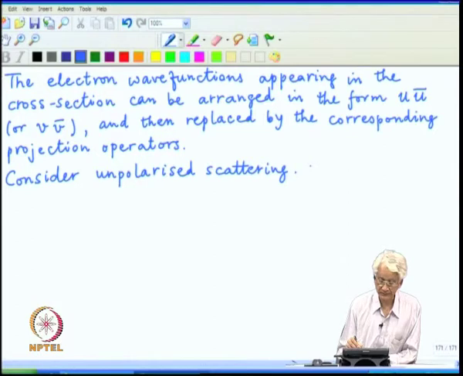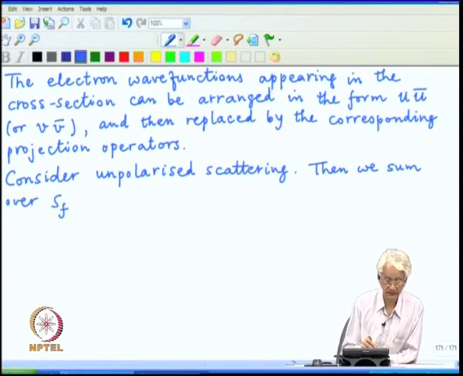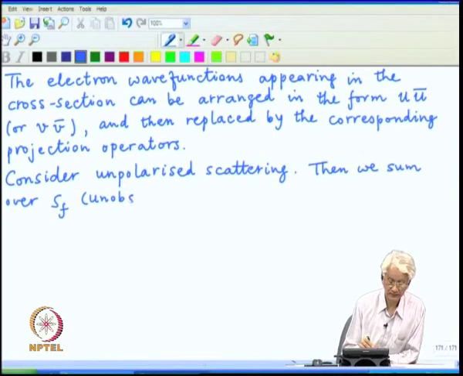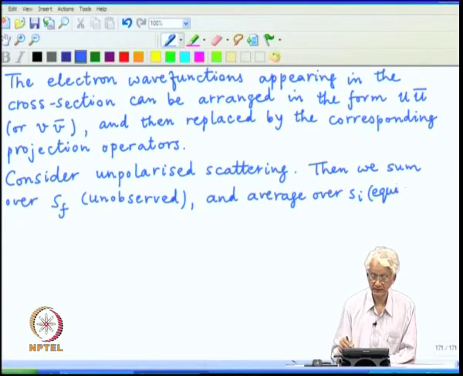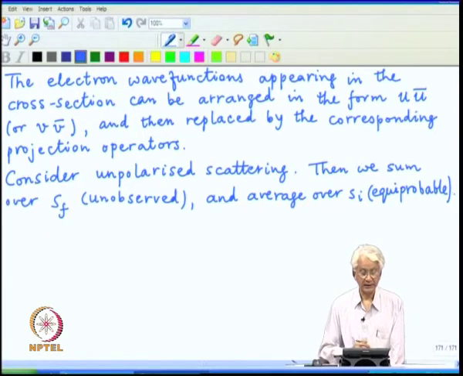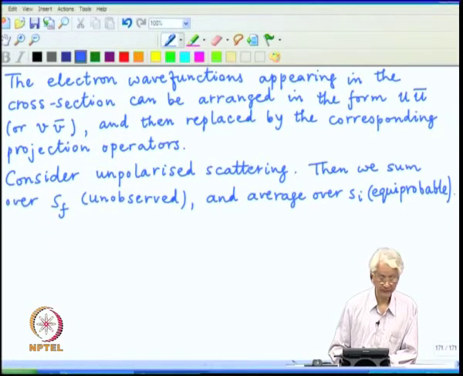So, then we sum over S f, that remains unobserved, and average over S i, because they are equiprobable, and the only difference is you have to count the number of spin states to take out the average, otherwise the structure is just a summation for the two cases.